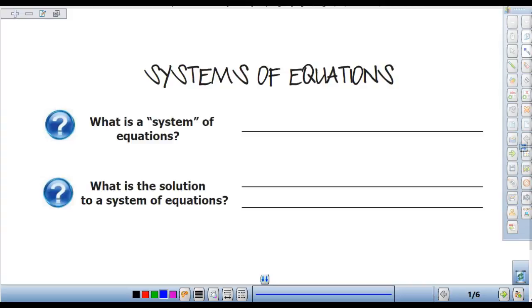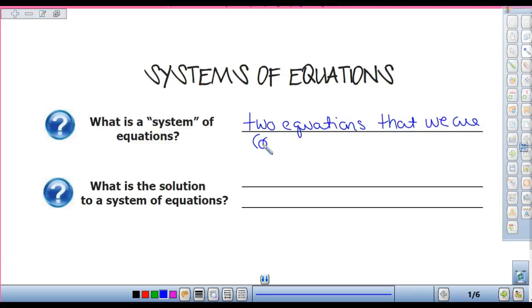All right. This whole unit is on systems of equations and different ways to solve systems of equations. Okay? A system of equations, all it is, is two equations that we are comparing to each other.